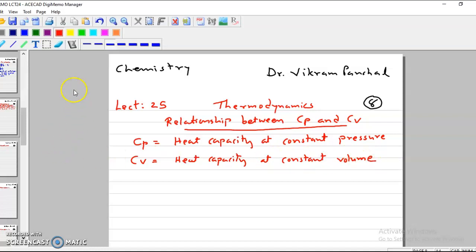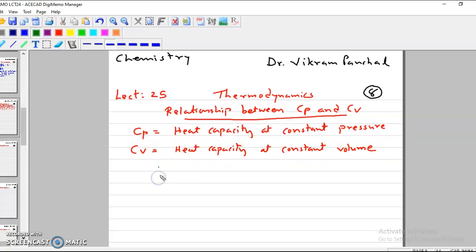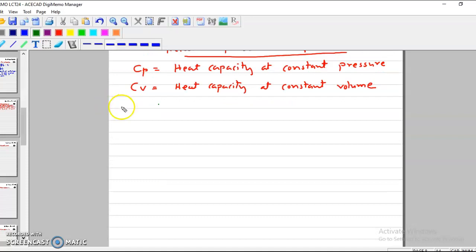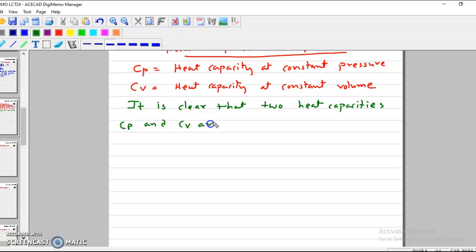Okay, so now we can say that it is clear that the two heat capacities, Cp and Cv, are not equal.